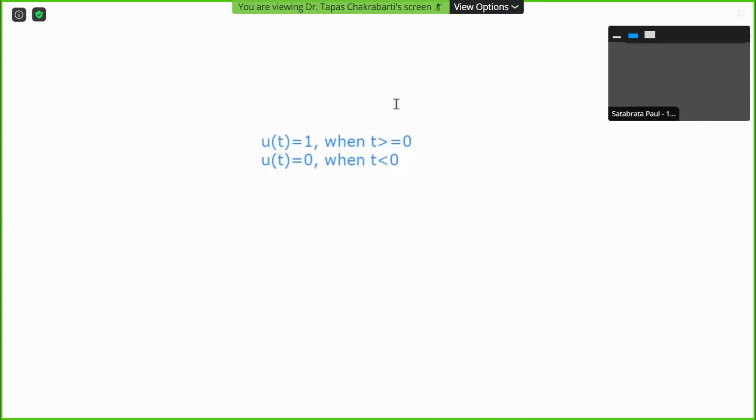Yes, sir. Good. So just write down: the step function is an important signal used for analysis of many systems.